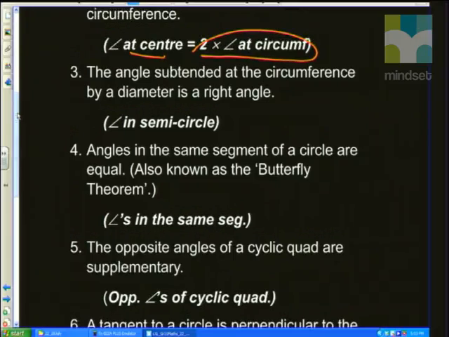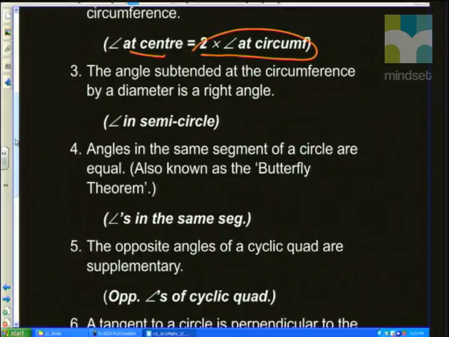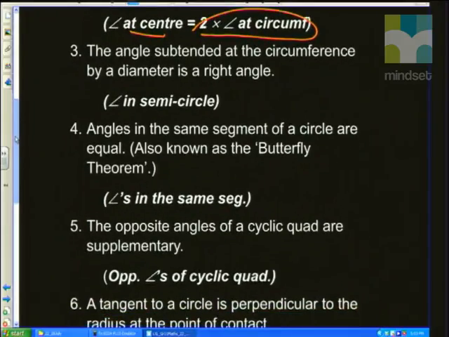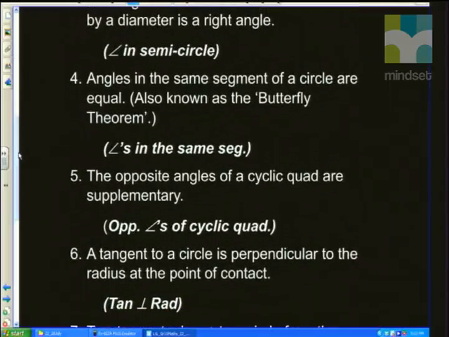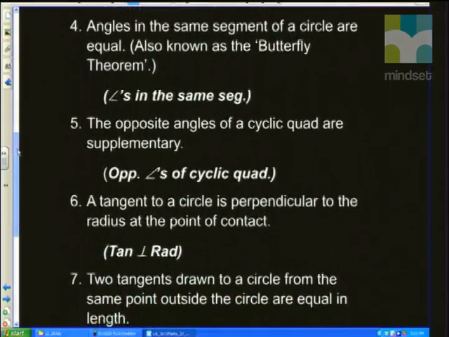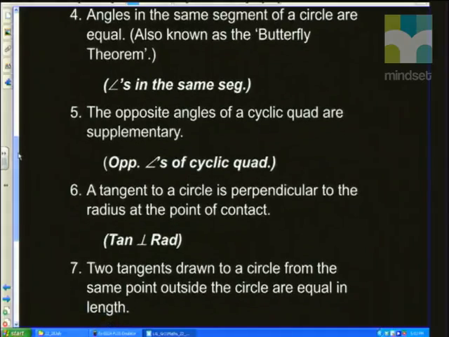And then the third one, the angle subtended at the circumference by a diameter is a right angle. And you can say angle in the semicircle. Now, number 4, angles in the same segment of a circle are equal. Okay, so that's angle in the same segment. 5th, the opposite angles of a cyclic quad are supplementary.